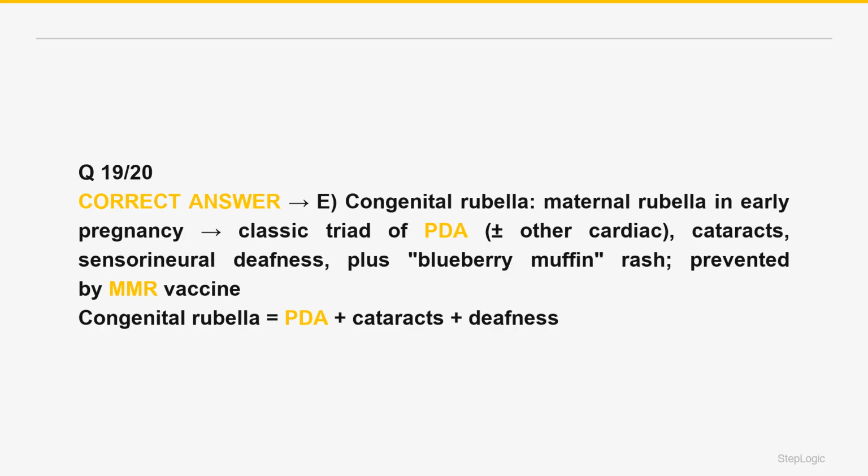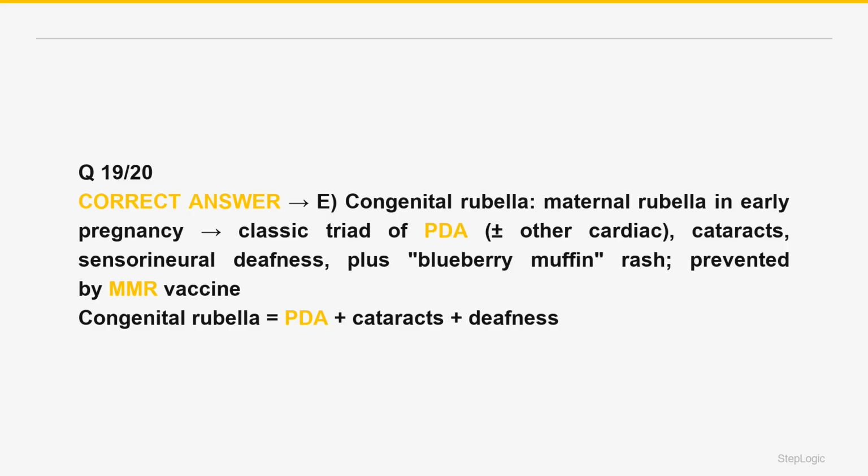The classic triad to memorize is: 1. Cardiac defects, most characteristically patent ductus arteriosus, also pulmonary artery stenosis; 2. Eye findings like cataracts, salt and pepper retinopathy, and glaucoma, along with microcephaly and intellectual disability; and 3. Sensorineural deafness, often the only finding in later trimester infection.